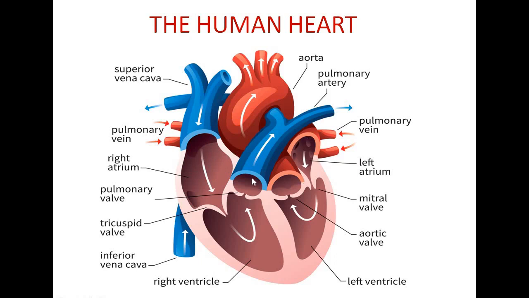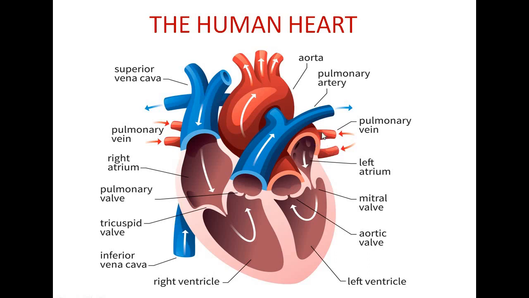We have the pulmonary artery. The pulmonary artery carries deoxygenated blood from the right ventricle to the lungs for purification. After the blood gets purified in the lungs, the purified blood comes to the left auricle by the pulmonary vein.